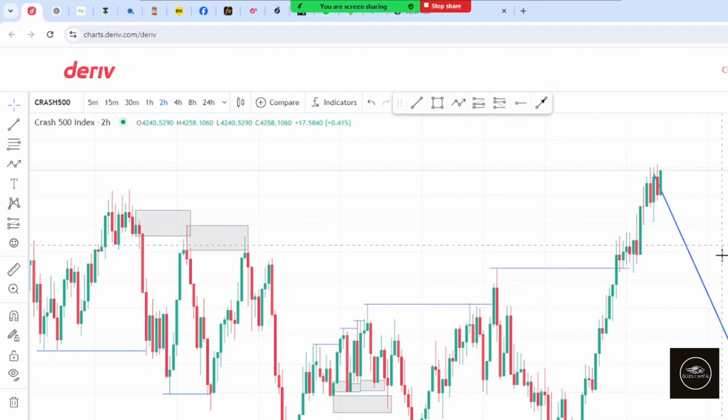What I observe is that markets will not retrace to all zones. Sometimes the market leaves some zones and continues moving in the particular direction. In the meantime, you have to wait. Once the market shows that it is no longer going to retrace to the zone, then look for another zone.